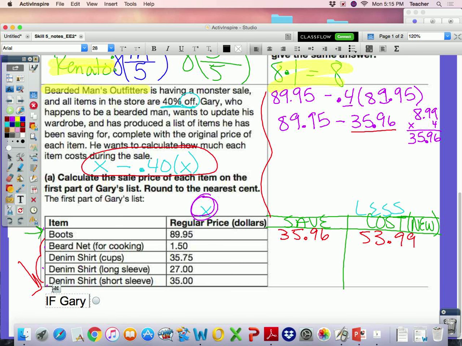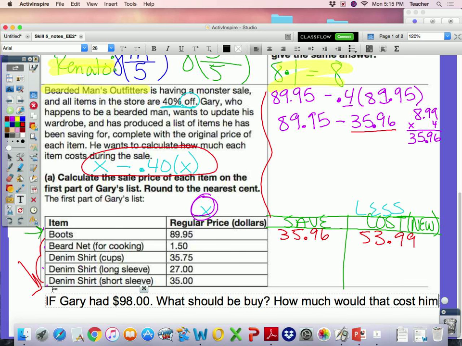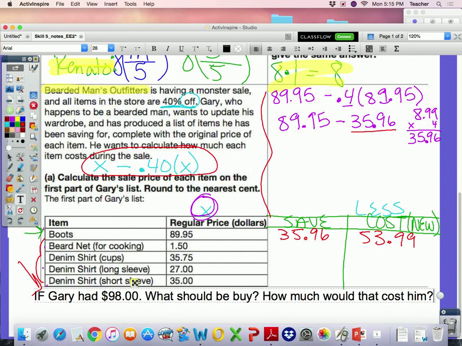If Gary had $98, what should he buy? How much would that cost him? So if Gary had $98 to go to this store after all his deals, what would you think that he should buy to get the most out of his money?